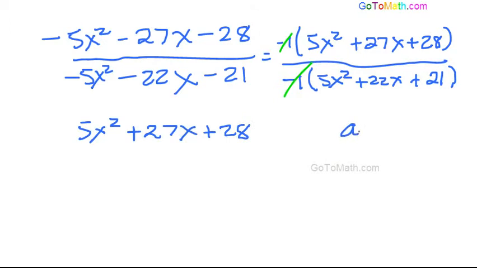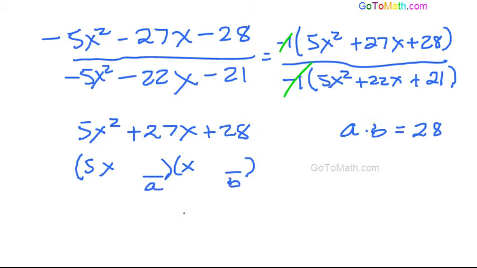We're looking for two numbers. When we multiply them together, we get 28. Now, I'm going to go ahead and write this out for right now. And we're going to call this A and this one B here. Okay. So A times B is going to give us 28.